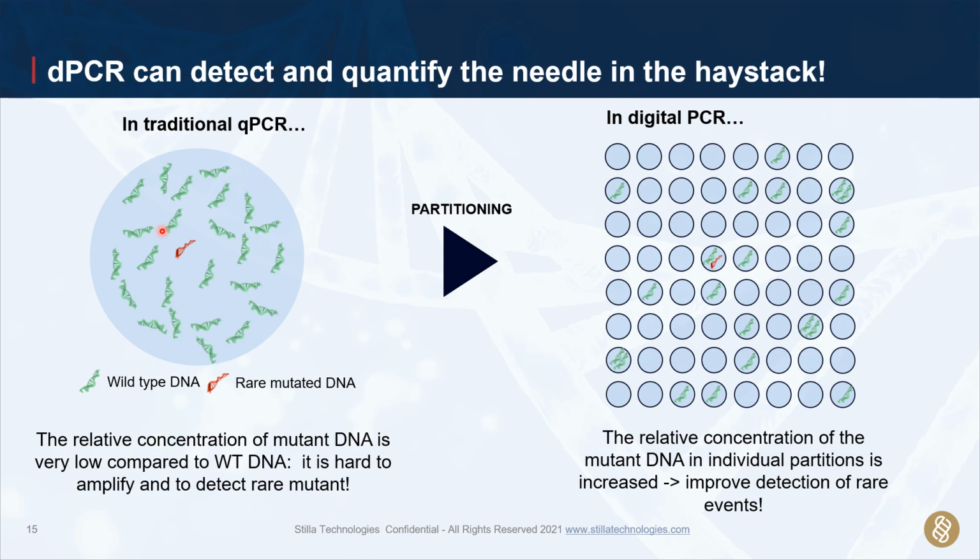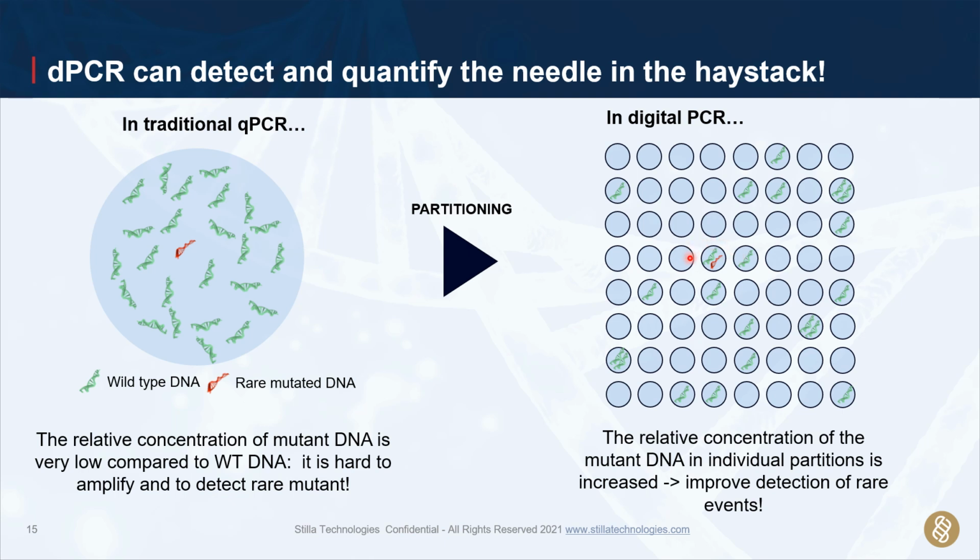But with digital PCR, because of the partitioning that we are seeing happening with the sample, from 20 microliter reactions, we now end up with thousands of small nanoliter sized reactions. And in these small nanoliter sized reactions, we have partitioning of the DNA molecules as well.